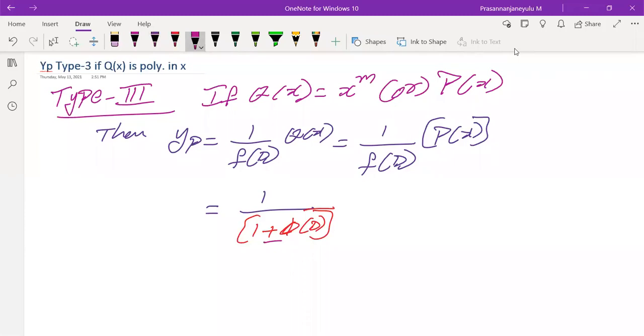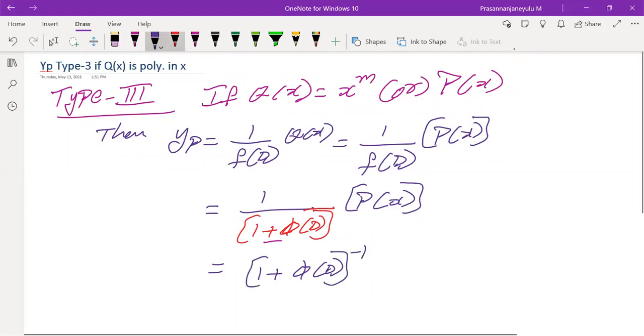Either 1 plus phi of D or 1 minus phi of D of P of x, like this we have to write. After we write this, then taking the denominator part to the numerator, it's going to become 1 plus phi of D whole power minus 1 or 1 minus phi of D whole power minus 1 of P of x.